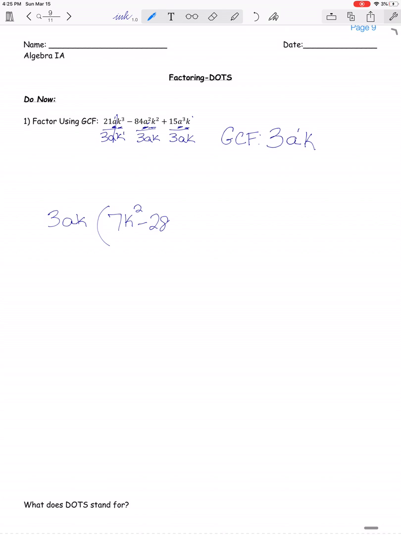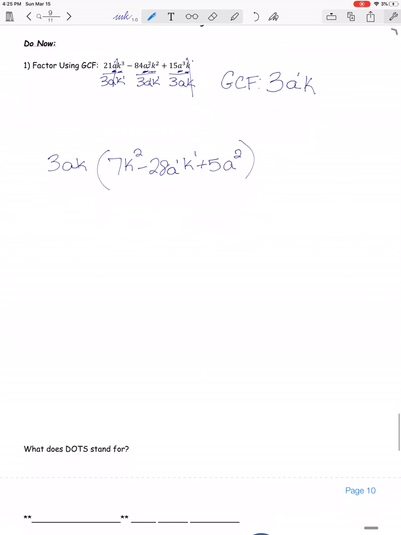A to the second minus a to the first will give me a to the first power. K to the second divided by k to the first will give me k to the first power. Plus 5, we get a to the second, and the k's cancel. So that should be a little bit of a review for us from when we did factoring with the greatest common factor. So let's move on.